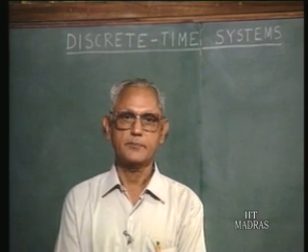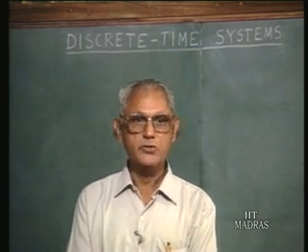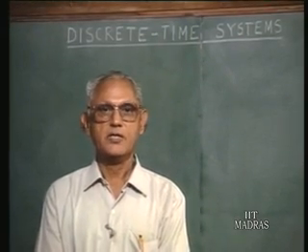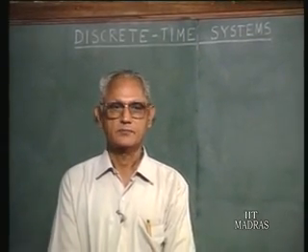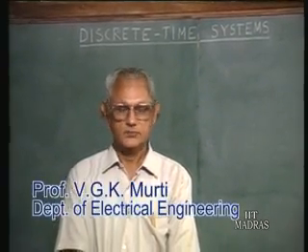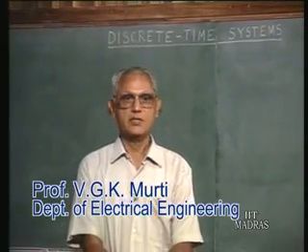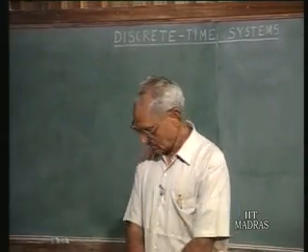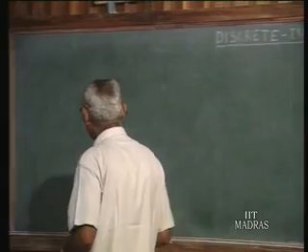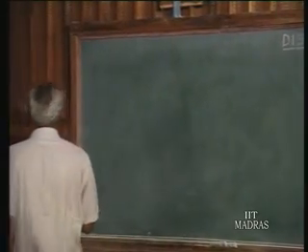In the last lecture, you were introduced to the concept of Z transform of a discrete time system, and we also saw the Z transforms of some basic discrete time functions. Let us recall what we did.